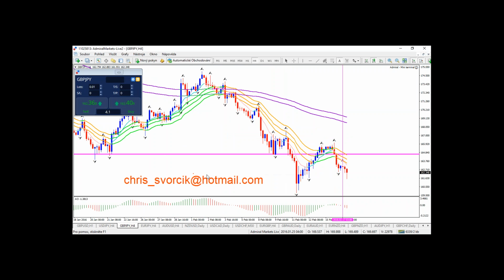Just send me an email. You can get this indicator that changes the angle of the EMA to bearish or bullish, so it's easy for you to recognize that.